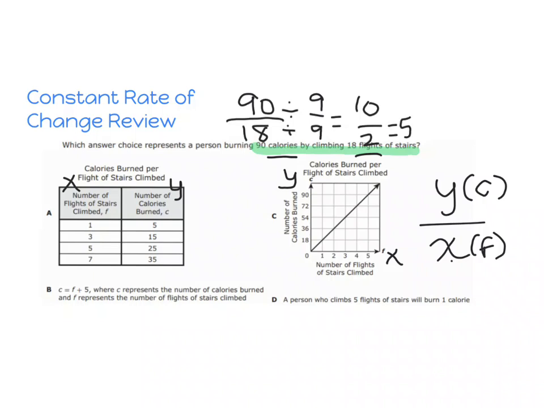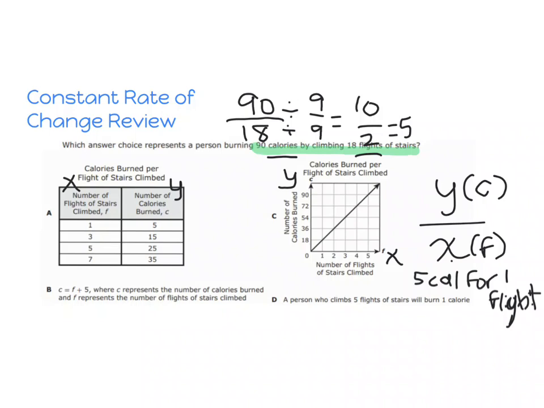So really what I have here is a constant rate of change of 5 calories for each flight of stairs, or for one flight of stairs. That's what the rate of change is really telling us. Sorry, that's the word flight, even though it didn't want to write it all the way.